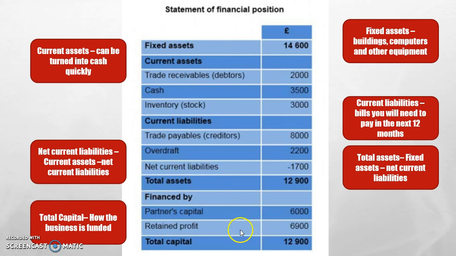And then the bottom half is, well, how is the business financed? In this case, we've got capital, i.e. money that the owners have put in, and we've got profit left over from a previous year, and that equals 12,900. And this is why it's called a balance sheet: the total assets figure and the total capital figure have to equal each other in order for it to be a balance sheet.